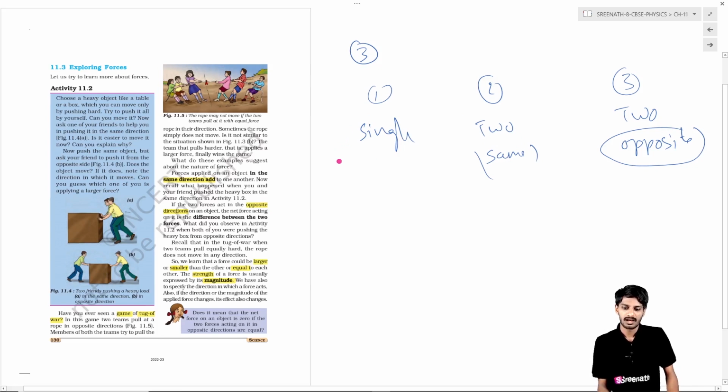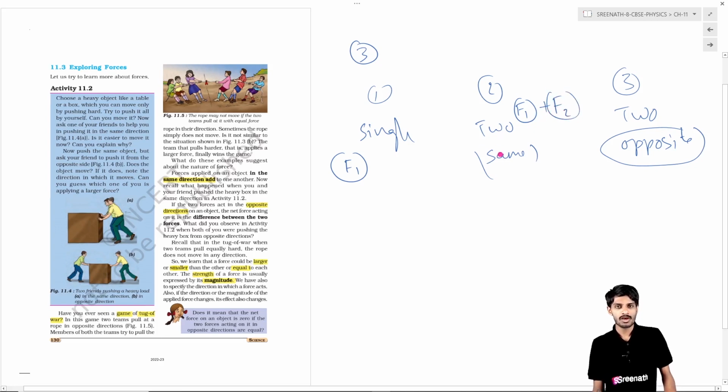Suppose we have taken two boys, so F1 is the force applied by the first boy. When he applies the force F1, it does not move. And in the second case, what happens? Two boys are pushing. The first boy's applied force is F1. The force of the second boy is F2.